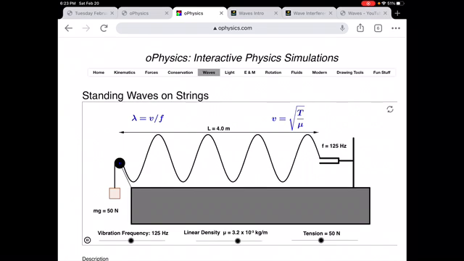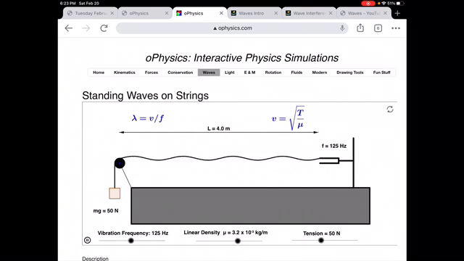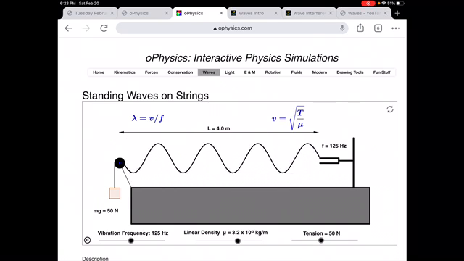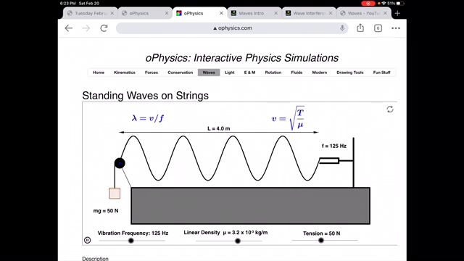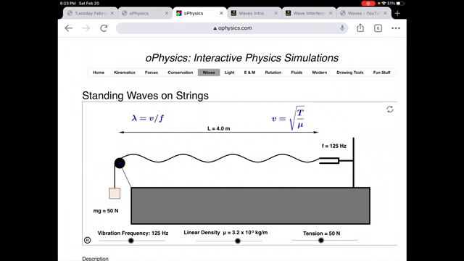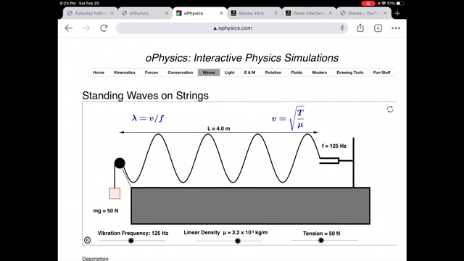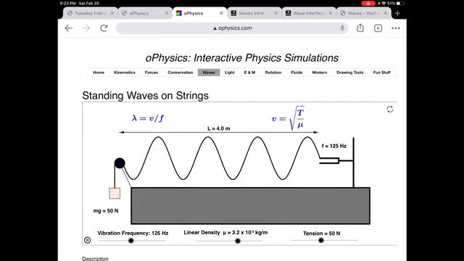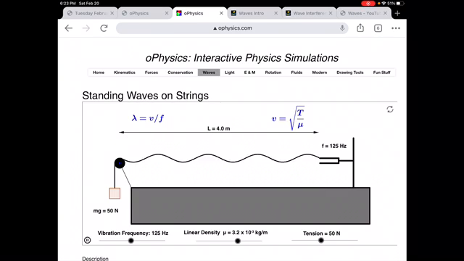One common scenario that we see in physics questions is a tuning fork attached to a string with a mass on the end. This is supposed to represent that. The amplitude here is really exaggerated, but the tuning fork is vibrating back and forth and creating this standing wave, which is a constant pattern.